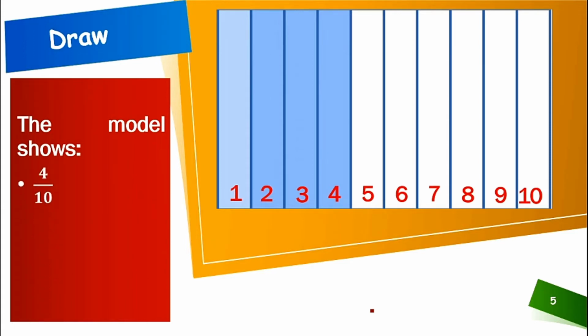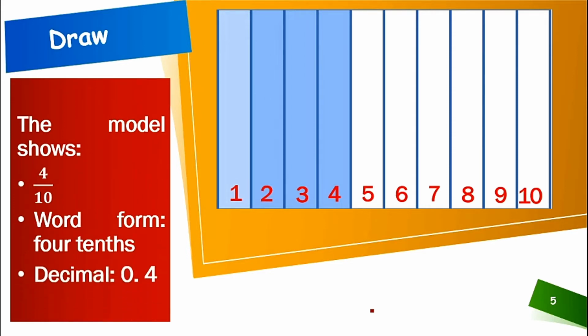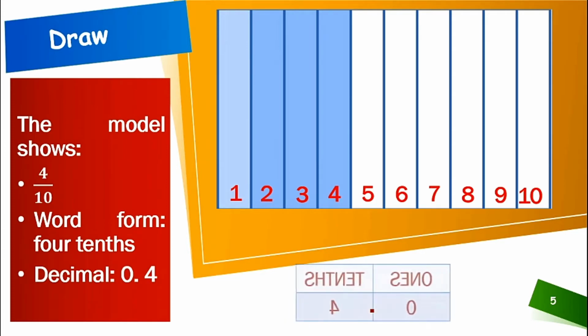Therefore, it is 4 over 10 in fraction. In word form, it is 4 tenths. In decimal, it is 0.4. In our decimal place value chart, our ones is 0, we have the decimal point, and our tenths place is 4.